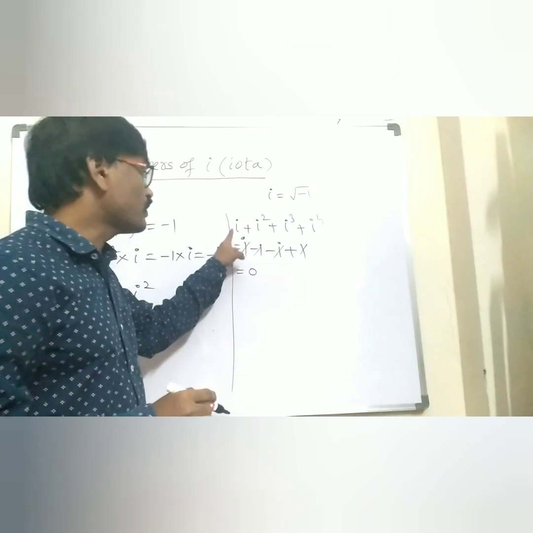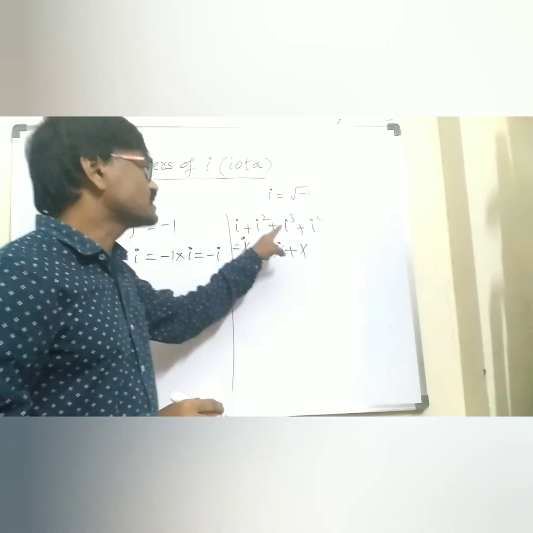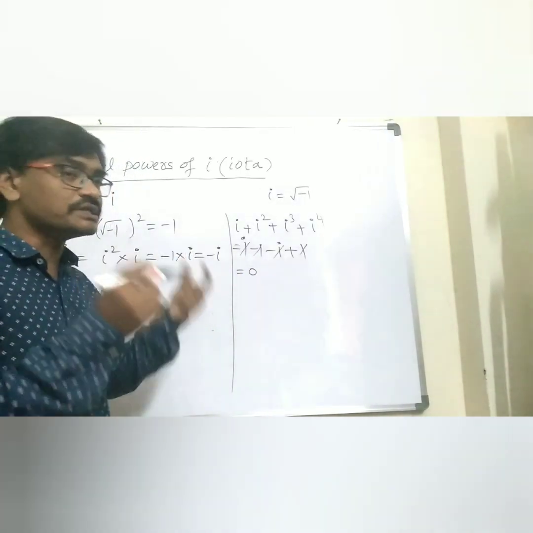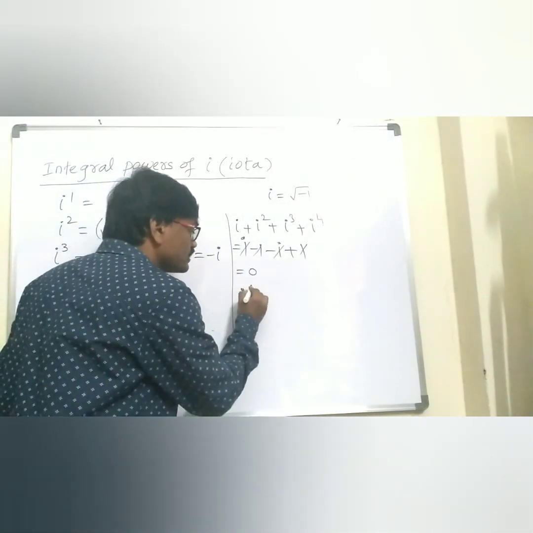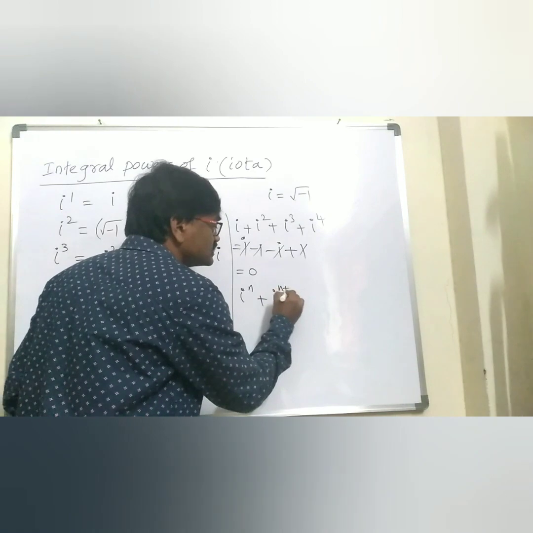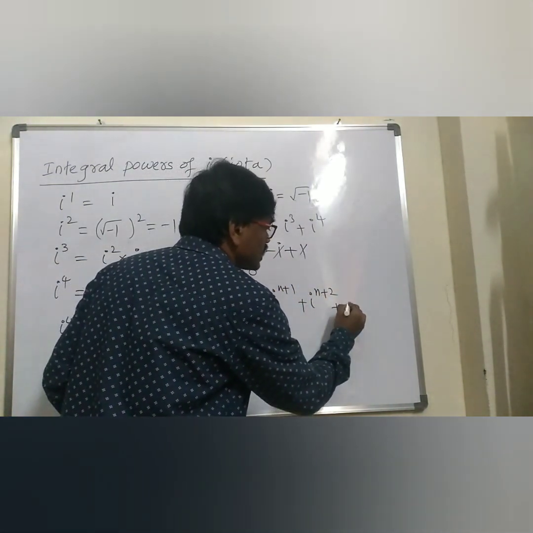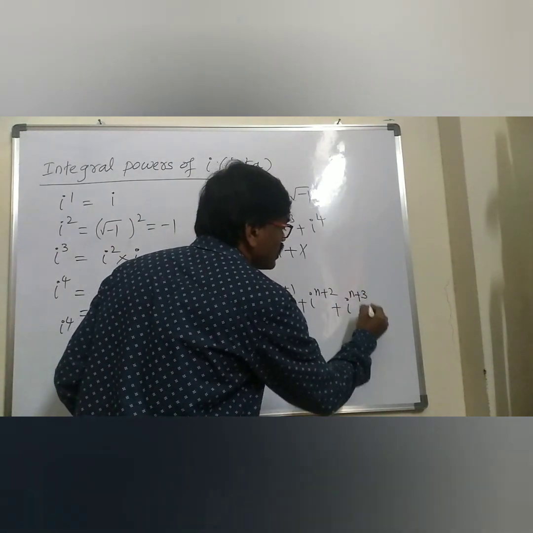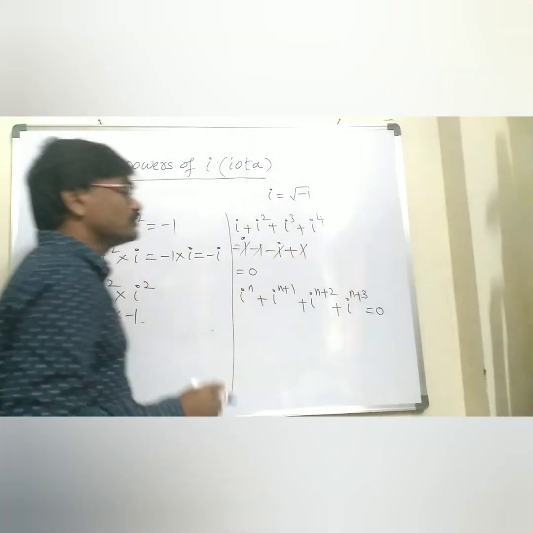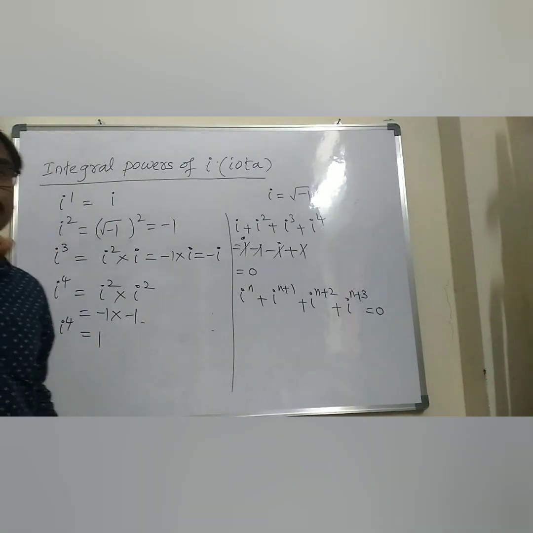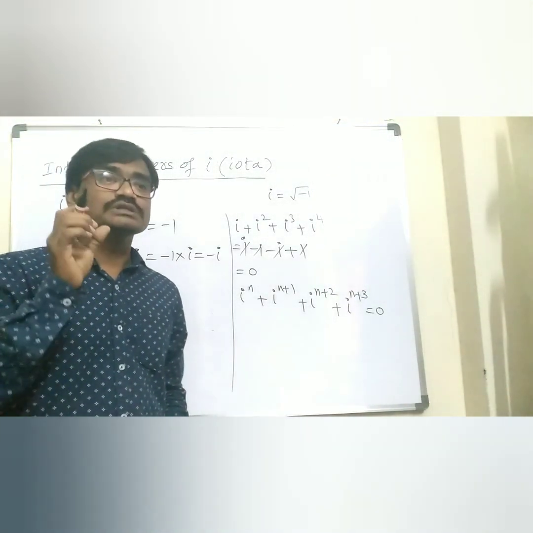Therefore, i plus i square plus i cube plus i power 4 is equal to 0. In general, it is written as i power n plus i power n plus 1 plus i power n plus 2 plus i power n plus 3 is equal to 0. Therefore, the sum of 4 consecutive powers of iota is equal to 0.